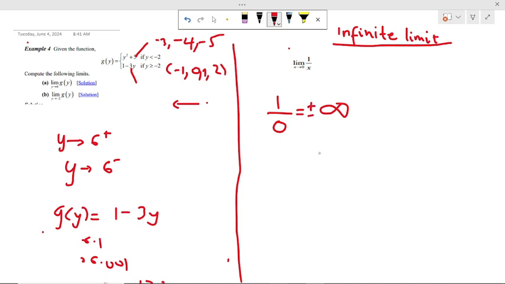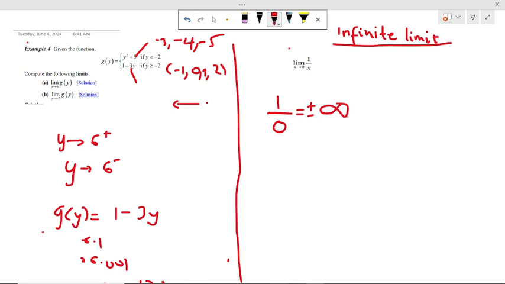Good. Now when we are asked to find the limit of a function, we need to determine whether the limit exists or not, and for it to exist, the right hand side limit should be equal to the left hand side limit, right? So when we put 0 in it, we are going to get infinity. So we don't know whether it is positive or negative infinity, right?